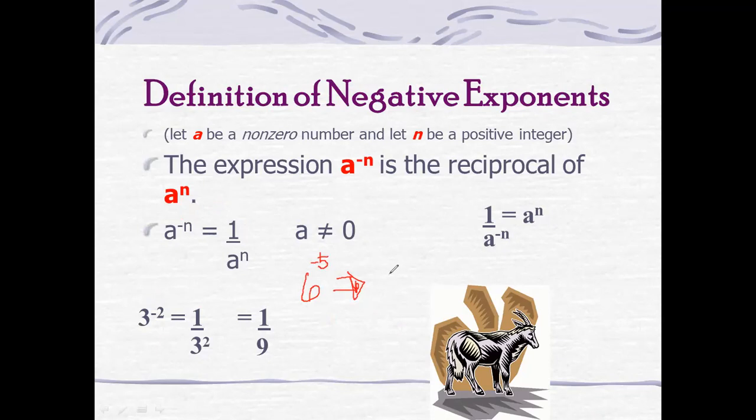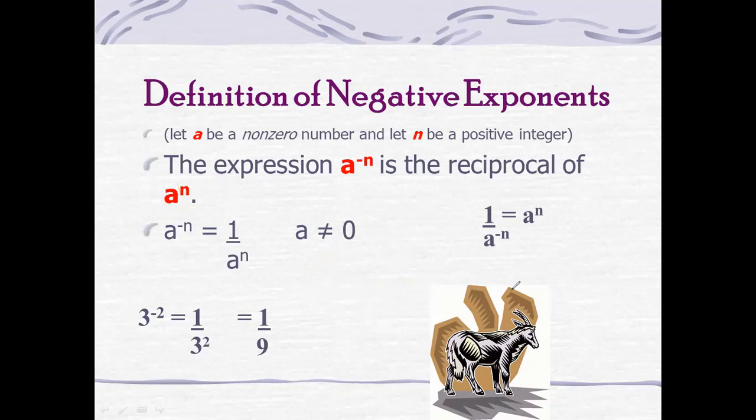That is 1 over 6 to the power of 5, with the index power of 5. Take note once again, a is the base and n is the exponent or the power. Just a reminder, maybe you have forgotten that one.